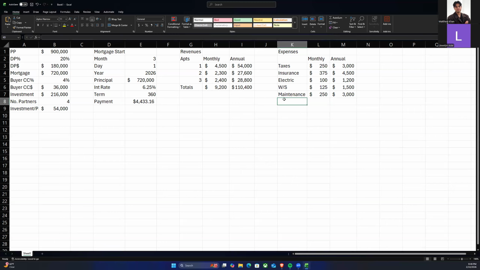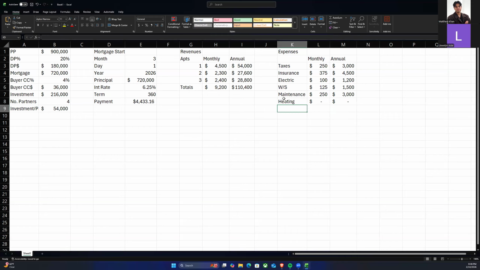Now, in New York City, because it's a cold place, we normally have heating costs. So let's type in heating. Okay, it's usually very, very expensive. But because I separated out the heating, right, it's zero. So you could put zero here.